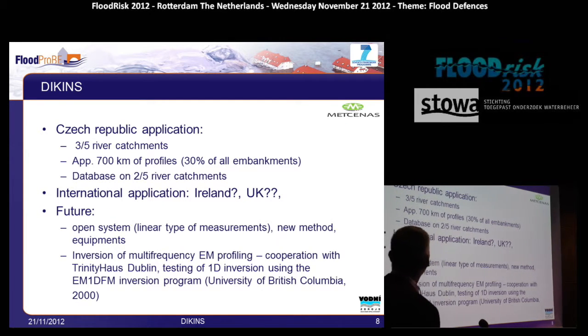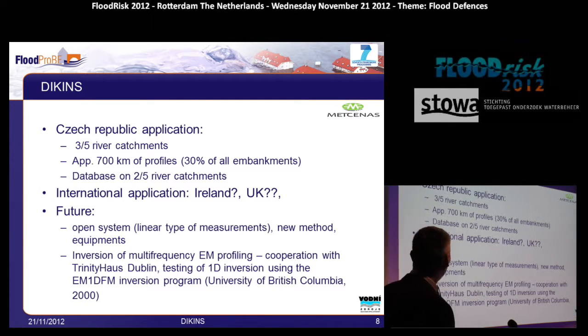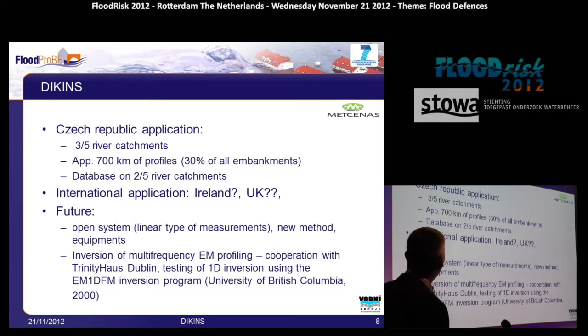At this moment, we can say that this system is working on 3 river catchments in the Czech Republic, and approximately 700 kilometers of profiles are covered with this type of measurement. It is about 30% of all embankments. The database is working on 2 river catchments, and I hope that in very short time it will work on 3 also.